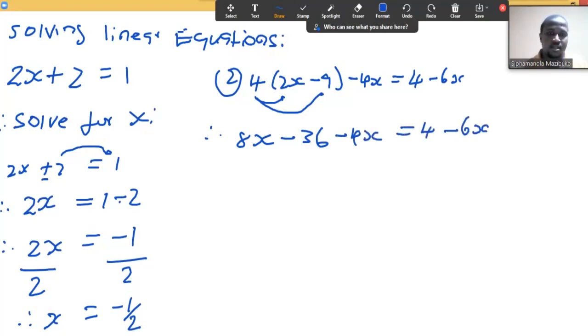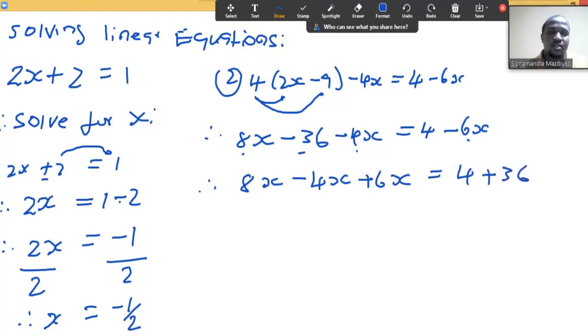Okay, so you can see we have 8x and minus 4x, so let's group them together. We have 8x minus 4x. What else is common is the 6x. When you take it from the side, you're transposing it, so it changes the sign. Now it's plus 6x is equal to 4. Because we're taking this 36 to the other side, it changes the sign to plus 36.